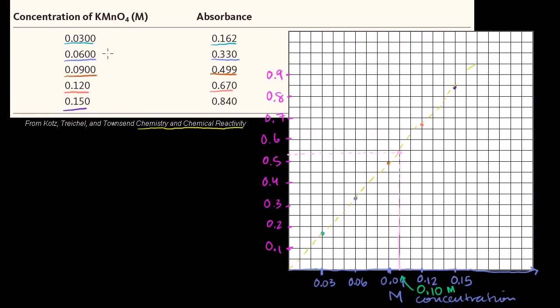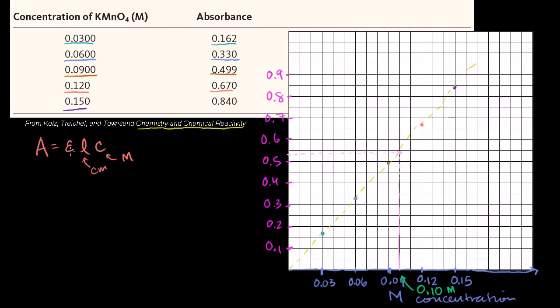We know the Beer-Lambert law, and we can even figure out the constant. The Beer-Lambert law tells us that the absorbance is equal to some constant times the length times the concentration, where the length is measured in centimeters, and the concentration is measured in moles per liter, or molarity.